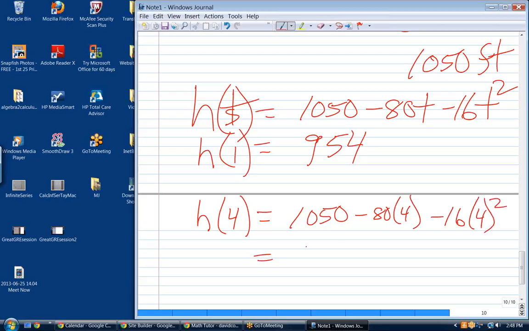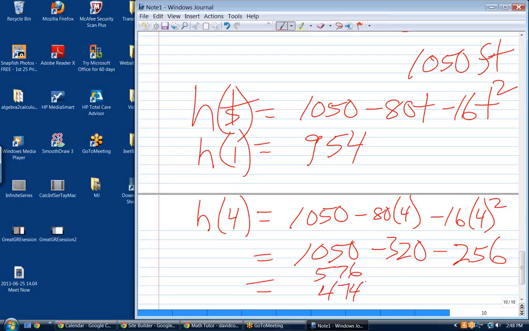This is 1050 minus 320 minus 16 times 16, which is 256. So that's 576. So we're left with 474. I did my arithmetic correctly.